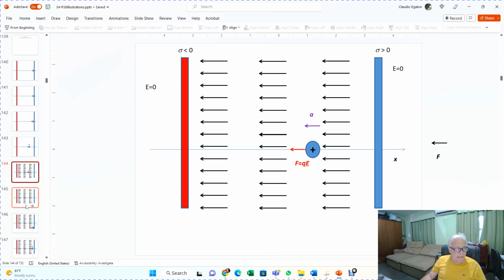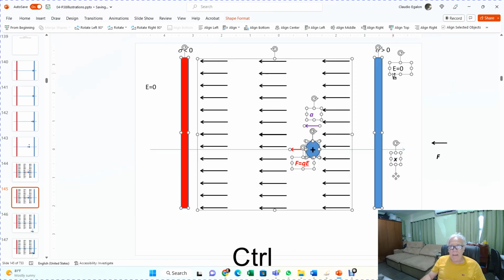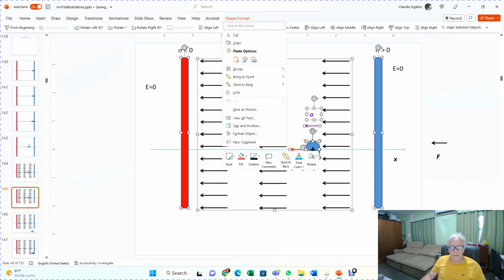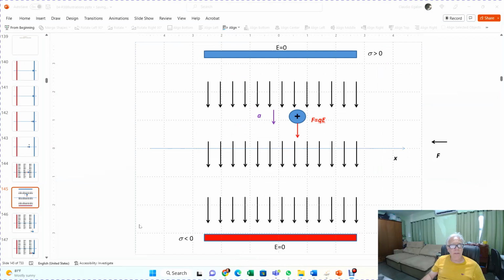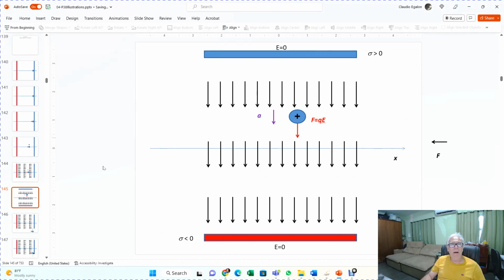How do we do that? Here I change the orientation of the two plates, so you can have a more familiar vision of what this problem would represent, right?